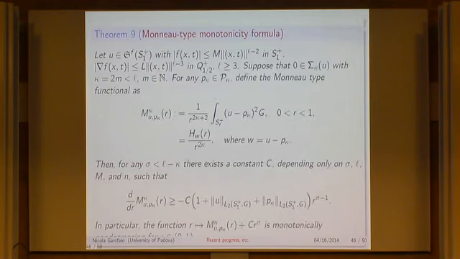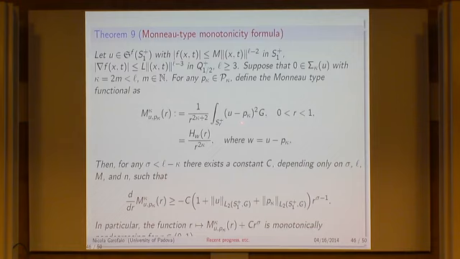Then we showed also a Monneau type monotonicity formula. In the classical obstacle problem, Monneau, with this monotonicity formula in which he has only one homogeneity, 2, was able to prove the uniqueness of the blow-ups at singular free boundary points, using a monotonicity formula like this in which kappa was equal to 2.